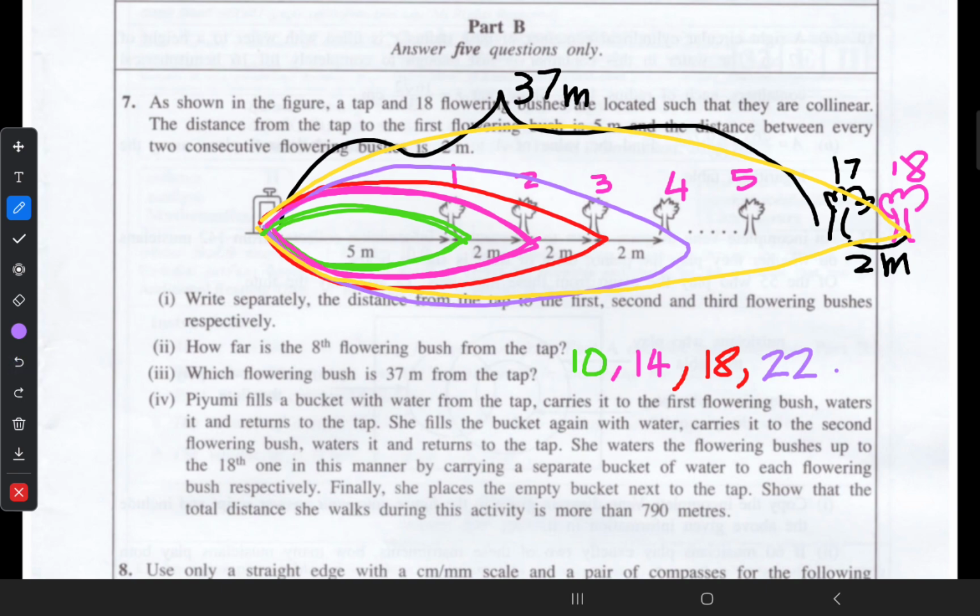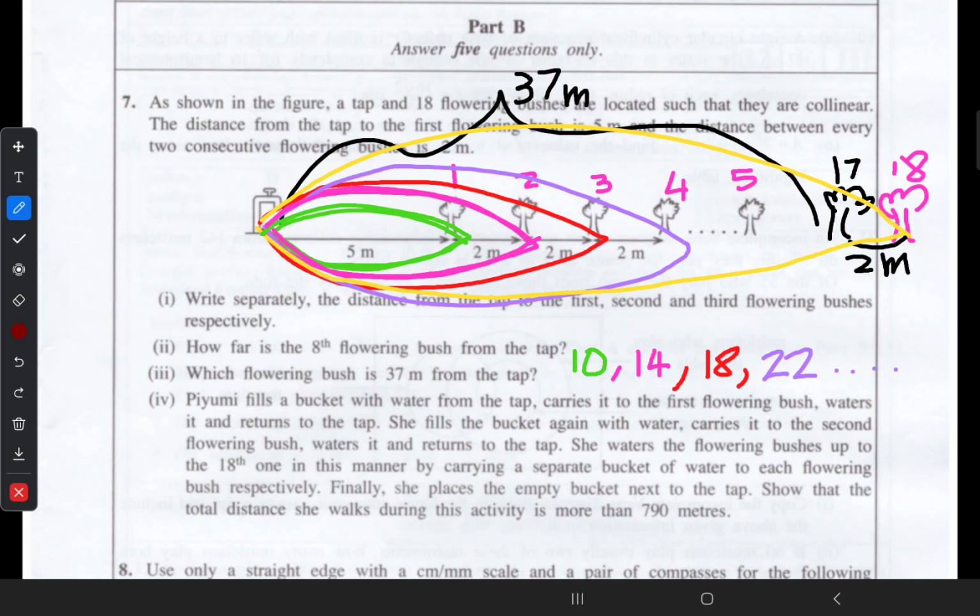Previously, we have got the pattern of the location of respective bushes, but now Piyumi is going to water them. So to find the amount of distance she covered during this period, it would be like this: first 10 meters, 14 meters, 18 meters, 22 meters. Likewise, you have to find the total distance she has covered.